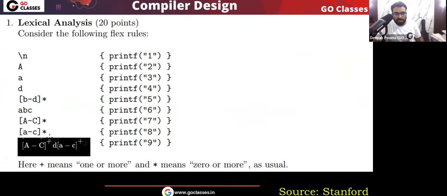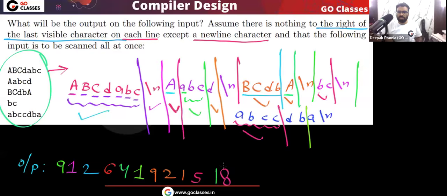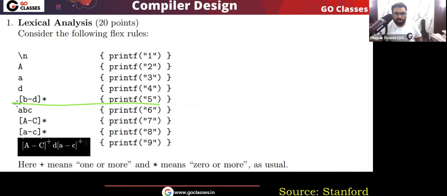Please understand, in rule number 9 there is a plus, which means it should start with either capital A or capital B or capital C. Then somewhere there should be small d. So for this small db, the token 5 will be printed.